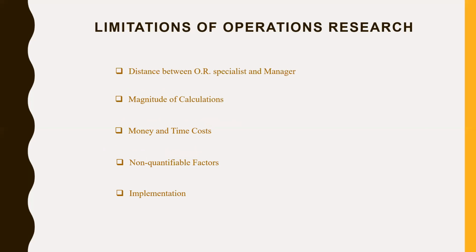Then we have limitations of operation research. The first limitation is distance between OR specialist and manager. The work of an operation researcher needs a mathematician or statistician who may not be knowledgeable of business issues.